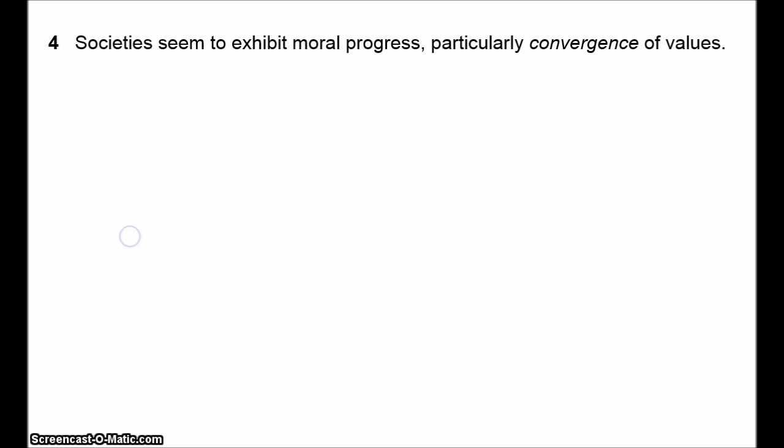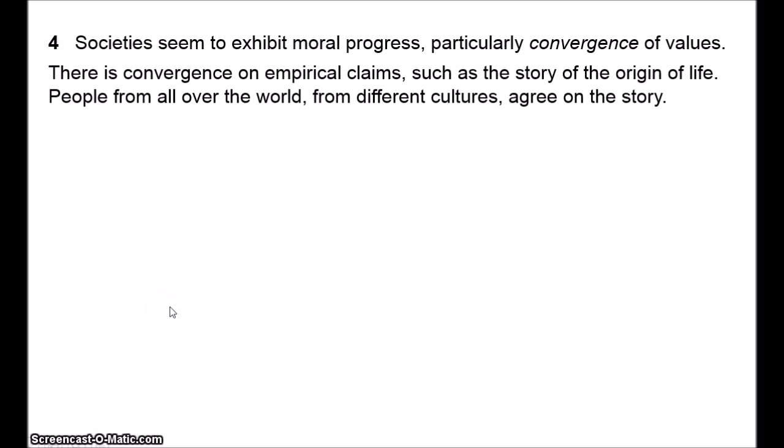Fourth, and this is perhaps related to the other points, societies seem to exhibit moral progress. An important point here is the convergence of moral values. Think about empirical claims such as the origin of life and humans. If you look at different societies, there are all sorts of different creation myths.